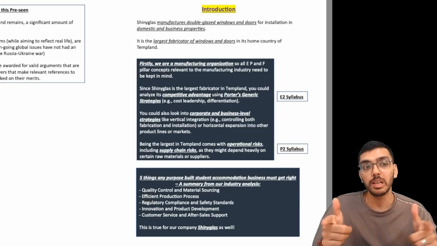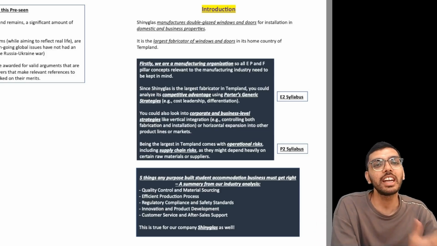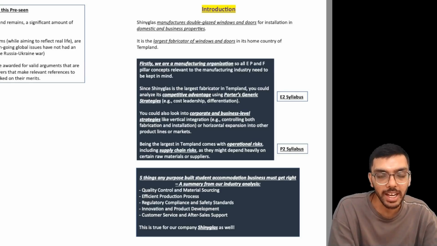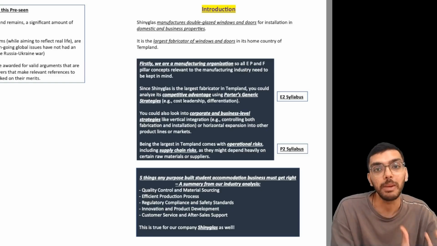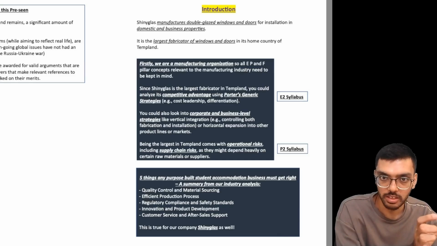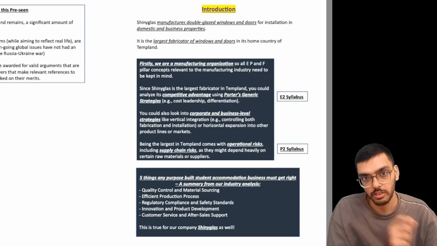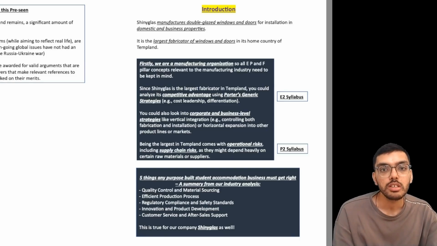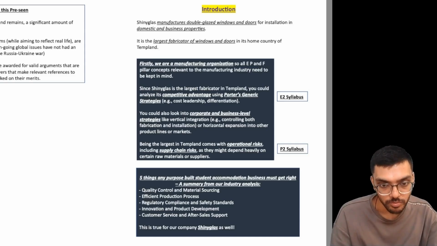If you haven't already, please go back and finish the industry analysis so you'll have a great idea and great points in your mind when you are starting this pre-scene and you won't feel blank. So we manufacture double glazed windows for domestic as well as business properties. We are the largest fabricator of windows and doors in the home country of Templand.